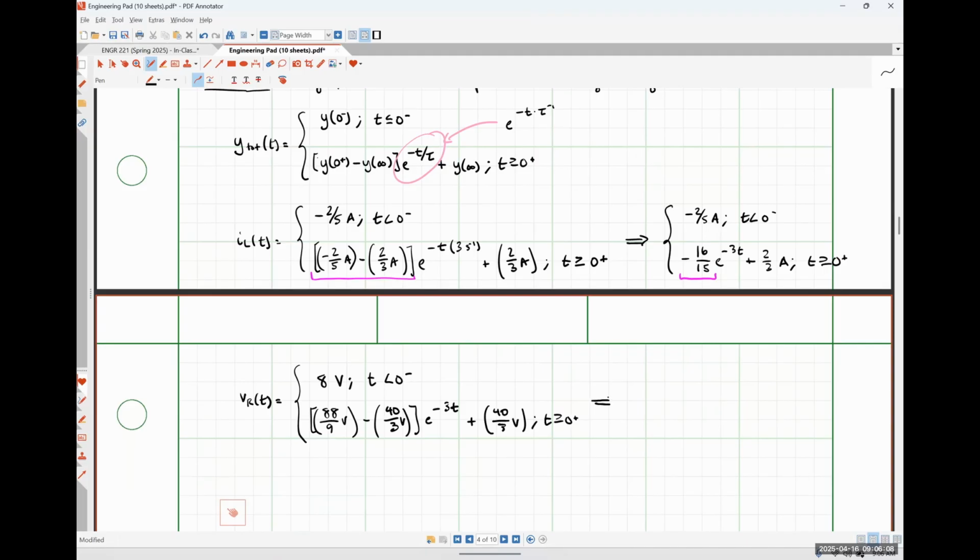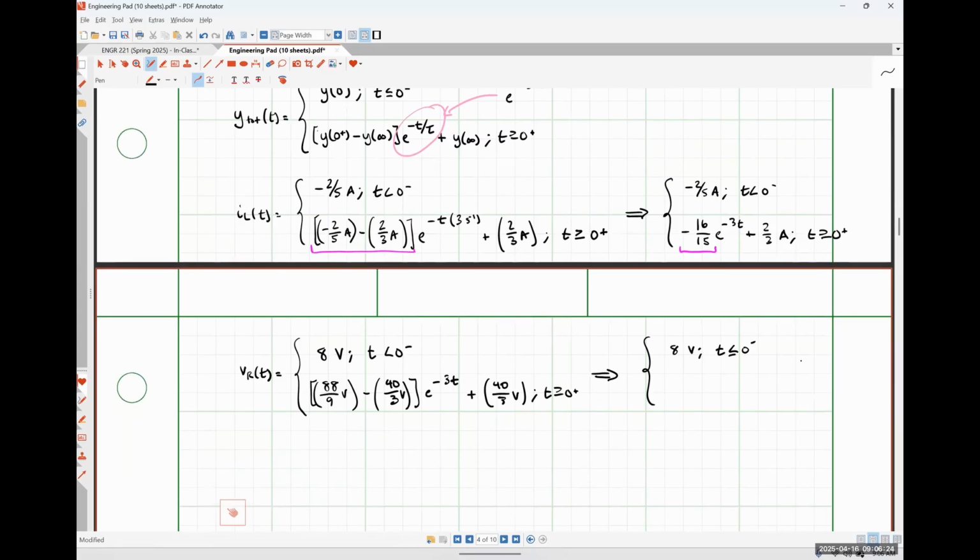And then once again, I'm just going to pretty this up. So our resistor voltage is going to look like 8 volts for t less than or equal to 0 minus, and then 88 over 9 minus 120 over 9 is going to be negative 32 over 9, or I could just not be a jackass and put it in my calculator.